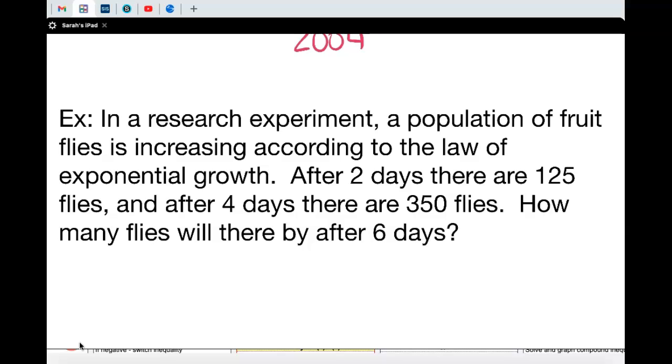Basically, it's when we're using exponential growth. This one gives you the data: population of fruit flies.